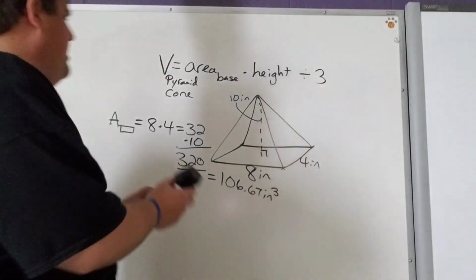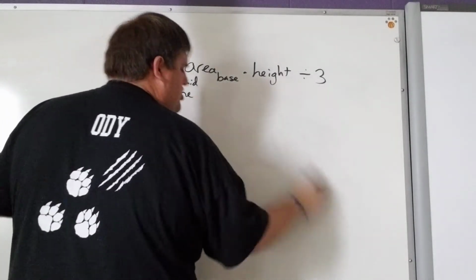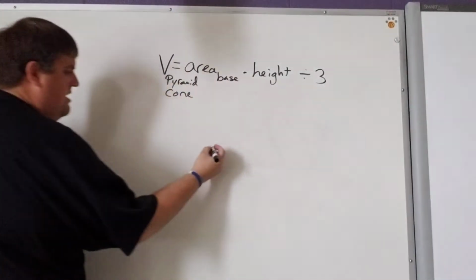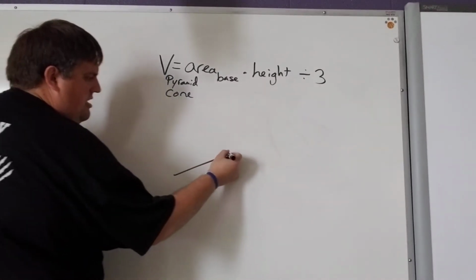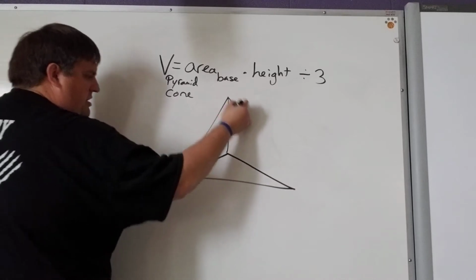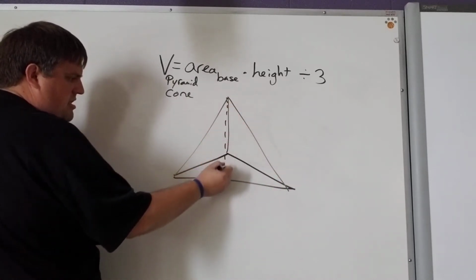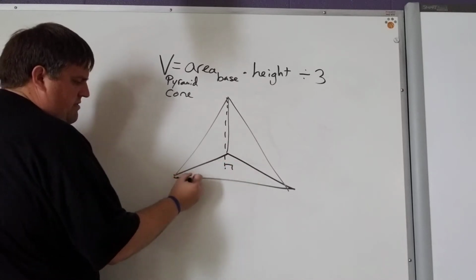Let's do a triangular pyramid, because I think those ones are a little bit trickier. Just because there's a lot of lines that are going in there. So here's my triangular pyramid. And we got to have this one, we need to have this one.